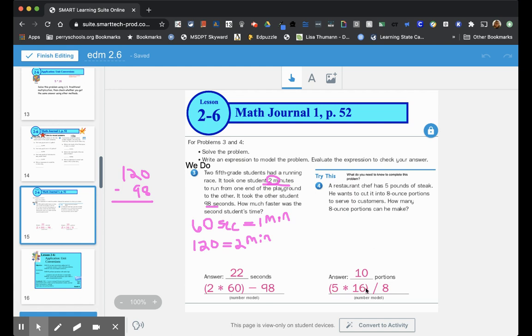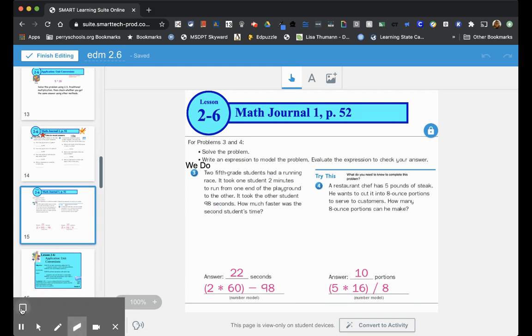So he would take 5 times 16, because we see we have 5 pounds. So he has 5 pounds of steak, and he wants to cut it up into 8-ounce portions. So he would take that 5 pounds and divide it into 8, and he could have 10 portions.